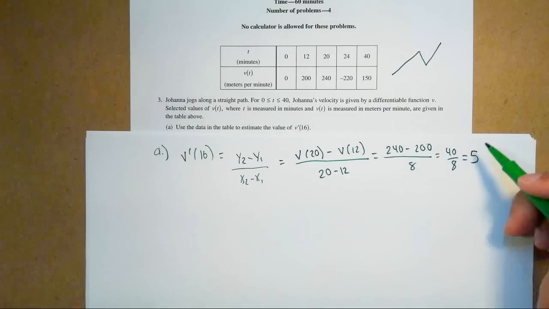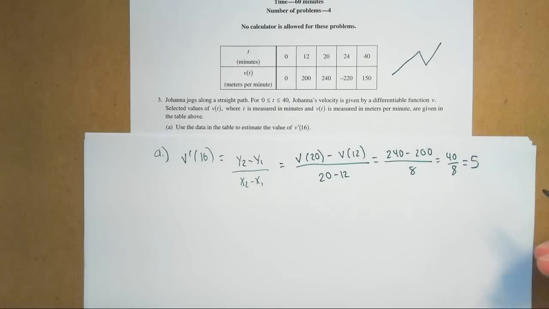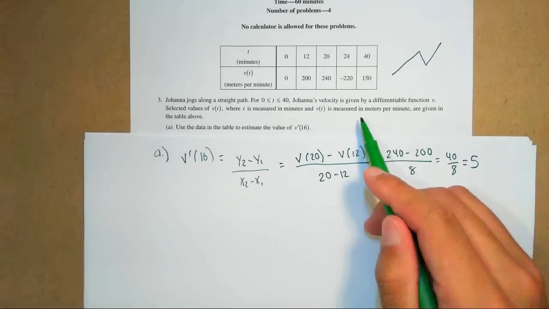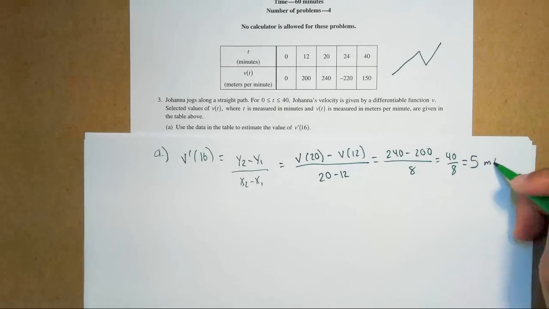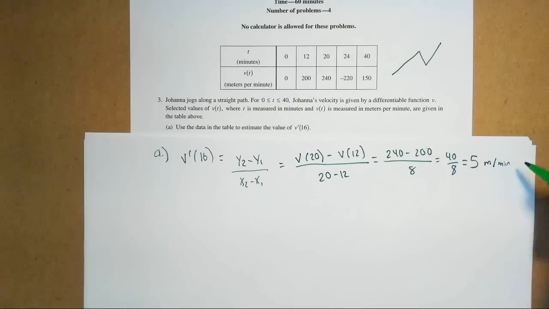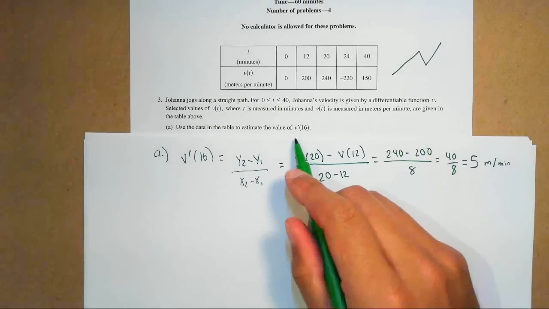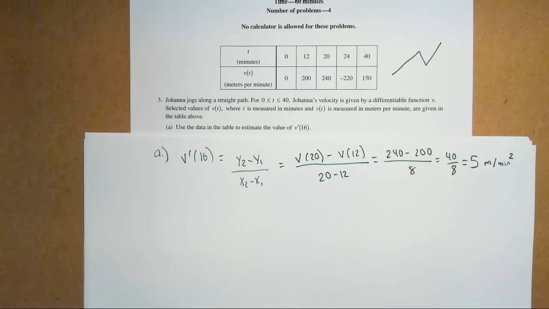Now the one thing you have to do is please put the units. The units are meters per minute, but since I'm finding v prime, which is acceleration, technically I'm going to square the minutes. So if ever they ask you to find the derivative and all they give you is coordinates or a graph, find the slope. Okay?